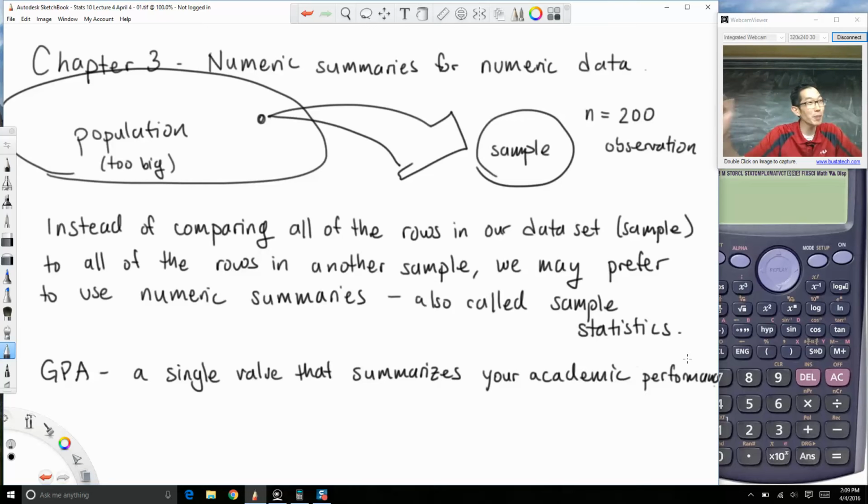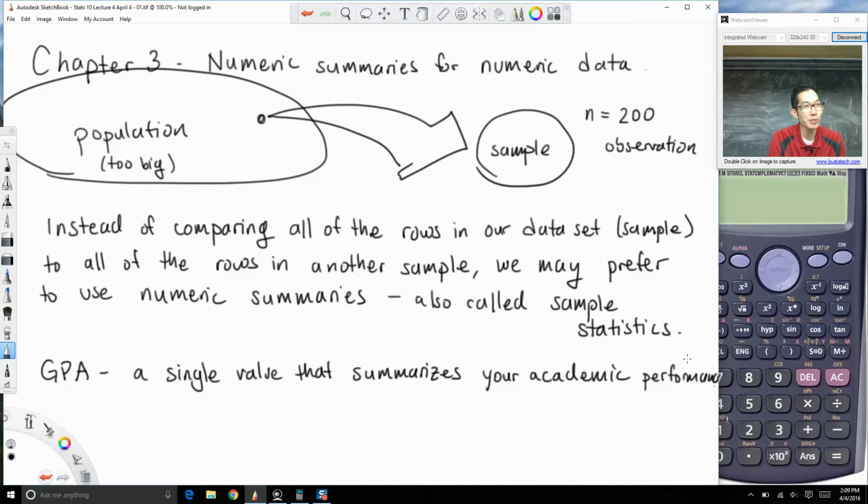Now that might be unfair, but if you just had the single number, you'd probably be very discriminatory in picking your classmates or teammates, okay? That might be completely unfair because as far as we know, somebody could be working multiple jobs and juggling many responsibilities, and that's why they can't get high grades or whatever.